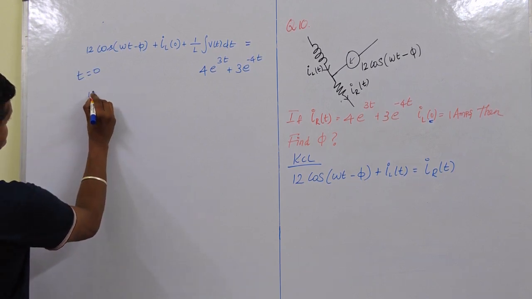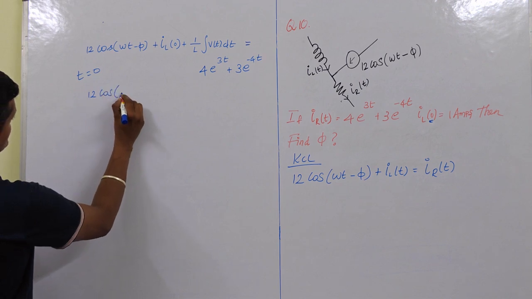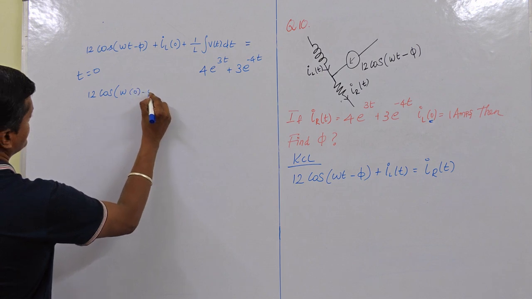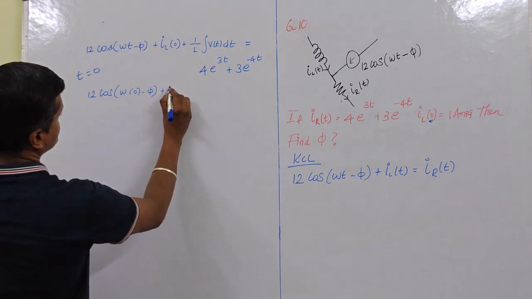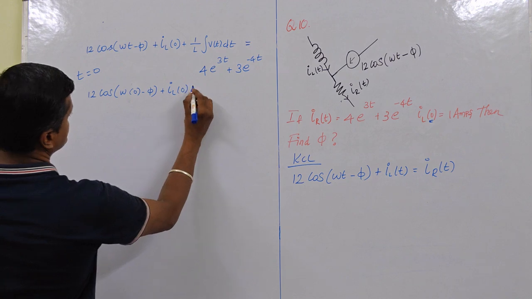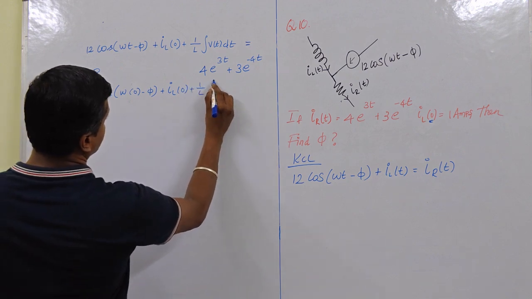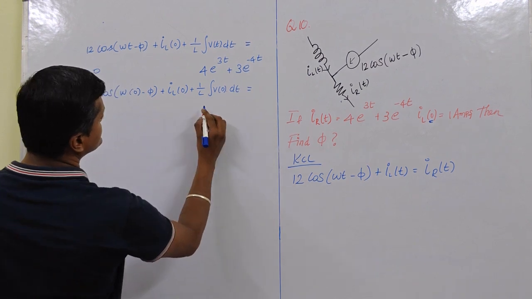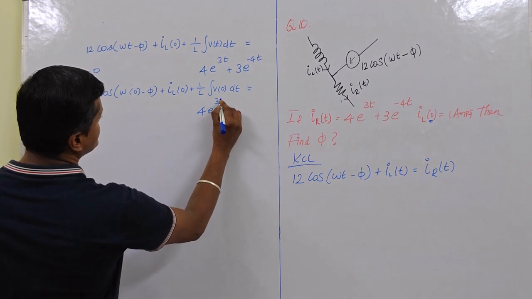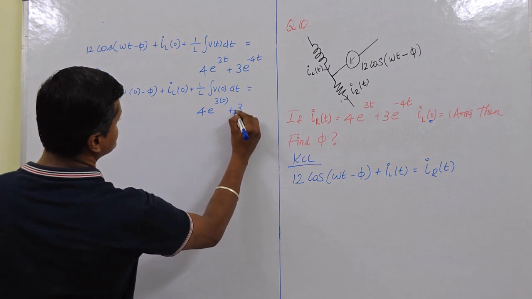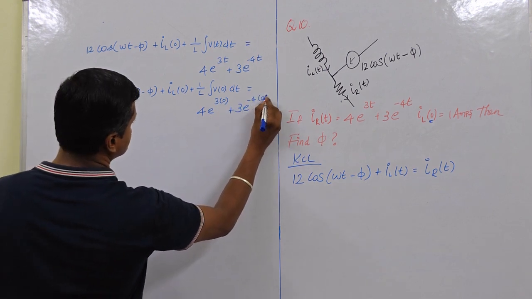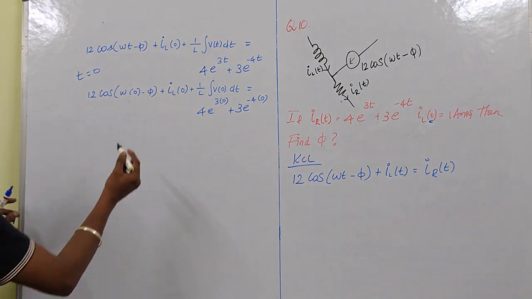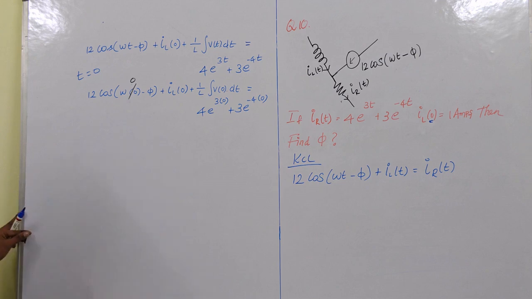So 12 cos(omega t), applying t equal to 0, minus phi, plus IL of 0 plus 1 by L integral of V of 0 dt equals 4 e power 3 times 0 plus 3 e power minus 4 times 0. So the integral term has value 0.